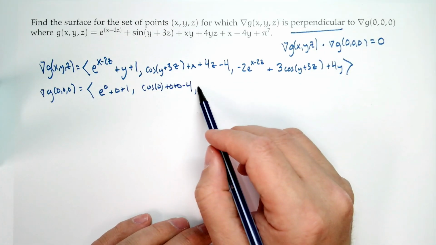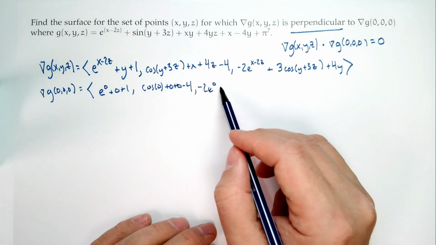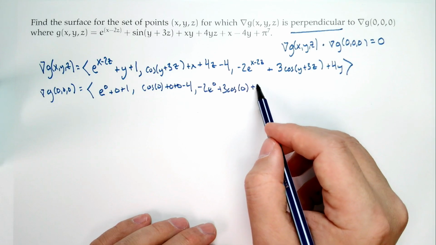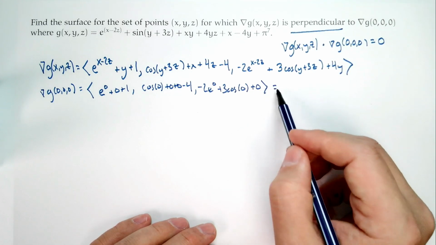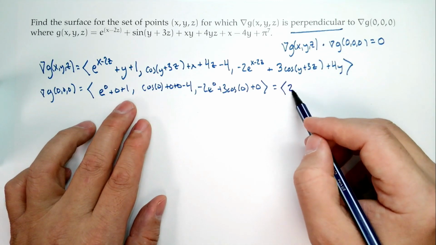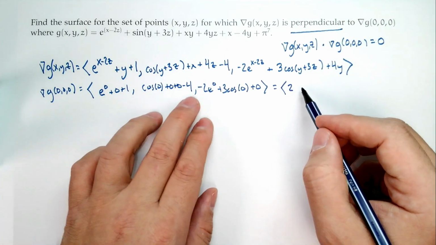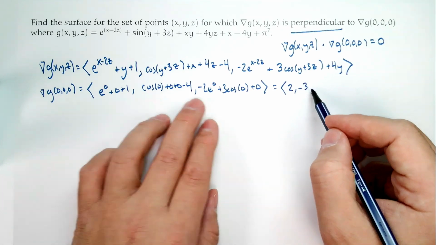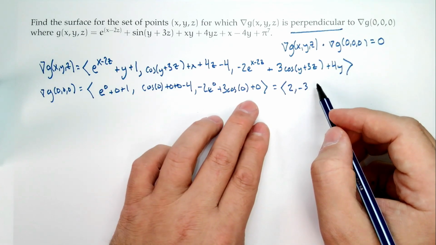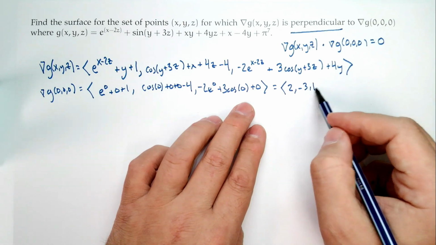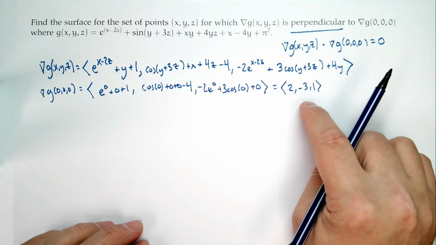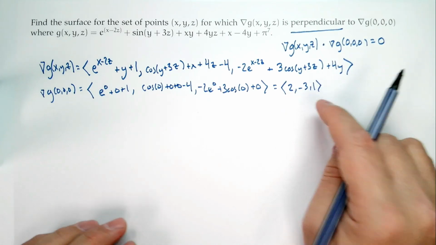Then we're going to get minus 2 e to the 0 plus 3 cosine of 0 plus 0. Well, let's see, what does that become? 1 plus 0 plus 1 is 2. 1 plus 0 minus 4 is negative 3. Minus 2 plus 3 plus 0 is 1. So that's 2, negative 3, 1.